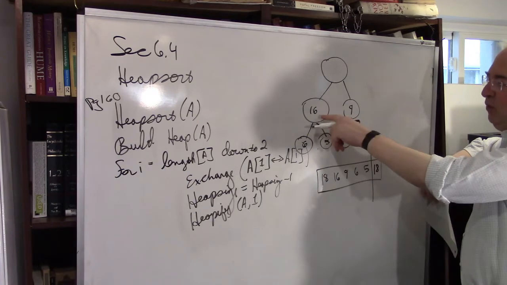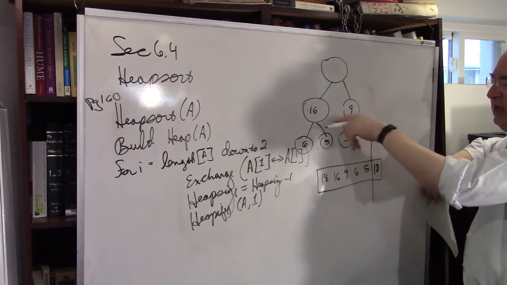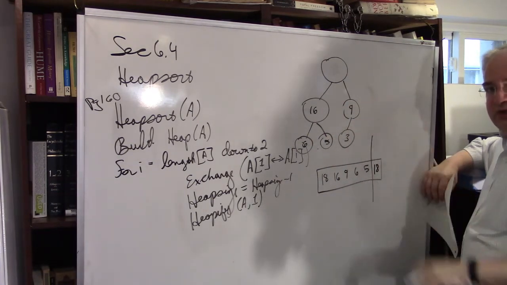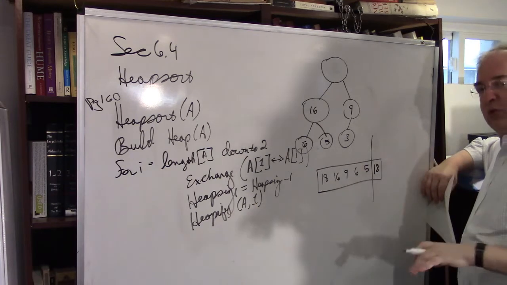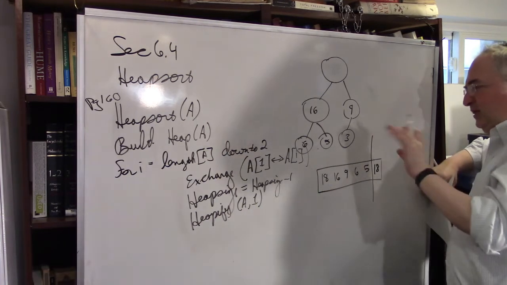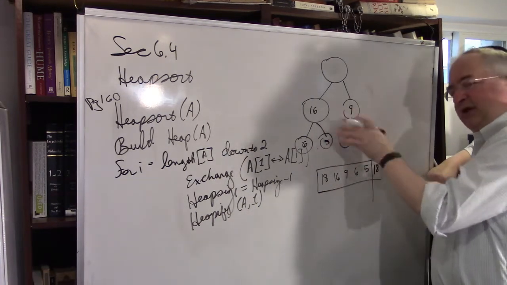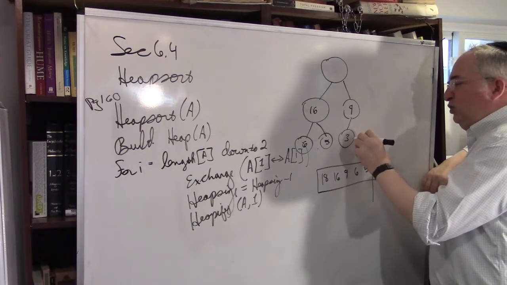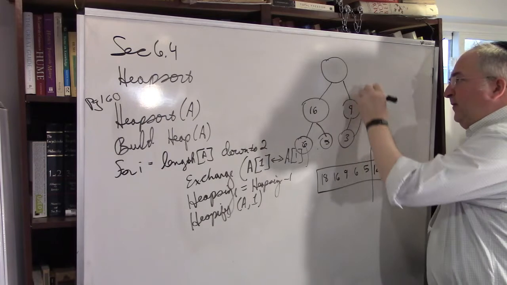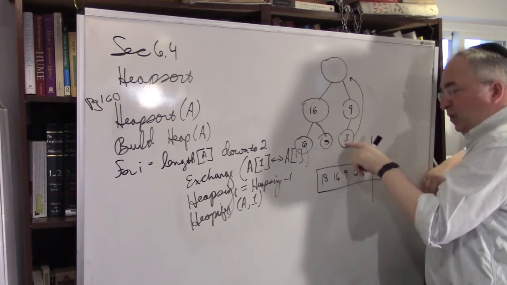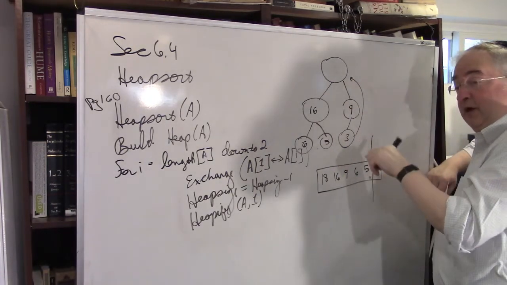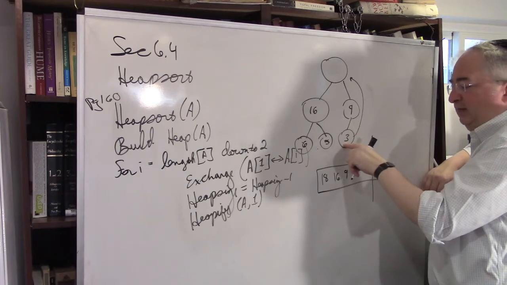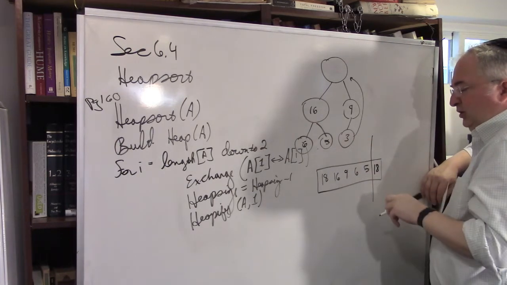I can't just take one of its children, because it doesn't work. It doesn't matter why it doesn't work. What you do is you take the rightmost element on the bottom, and you change it.